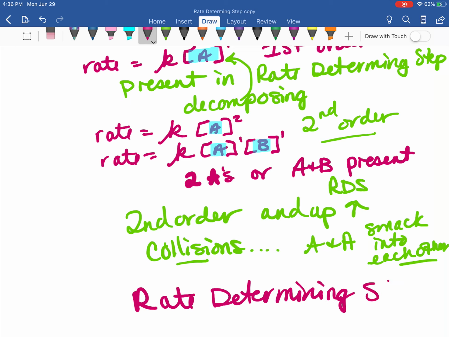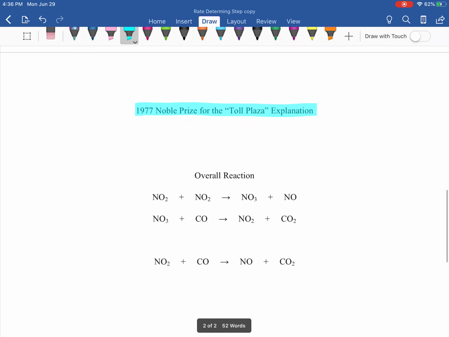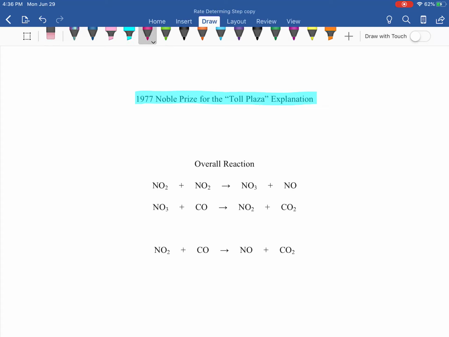So let's get a little bit deeper with actually defining what a rate determining step is, because that's a little bit confusing, right? What if you have a reaction of A and B, and only B is zero order? Well, it's still there, but why is it zero order? So this is where we have a little bit of fun. 1977, the toll plaza explanation for our rate determining step.